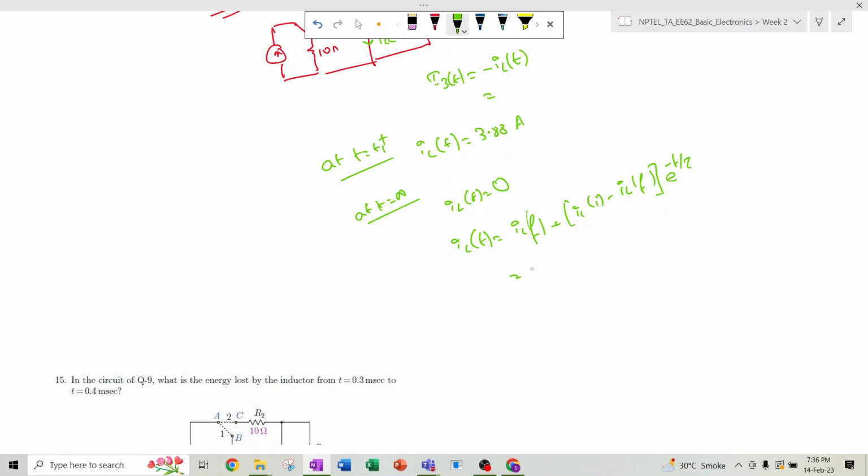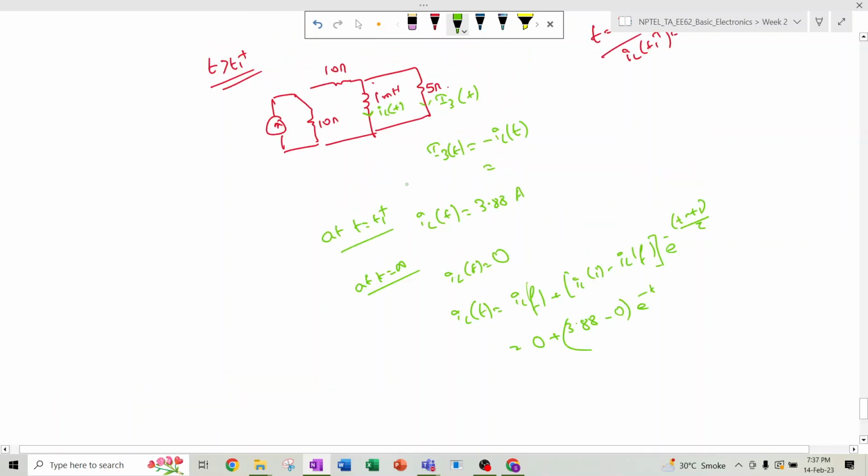So this final value is 0, plus initial value 3.88 minus 0, into e to the power minus (t minus t1) by tau, because after t1 plus the initial condition applies.